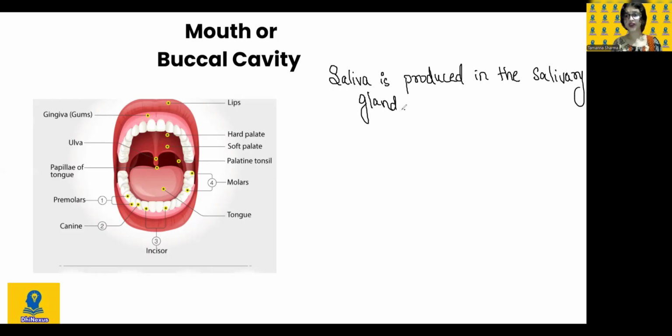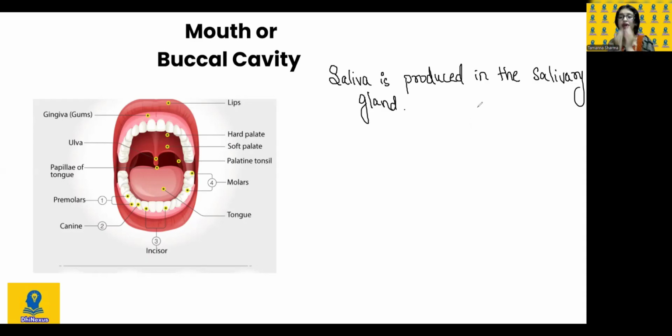Now, see, it is very important. You might think, okay, it's just saliva. What's important in this? But it plays a very vital role. If there is no saliva, you'll not be able to even swallow your food. Because of saliva, when you eat food, the saliva gets mixed up with the food.